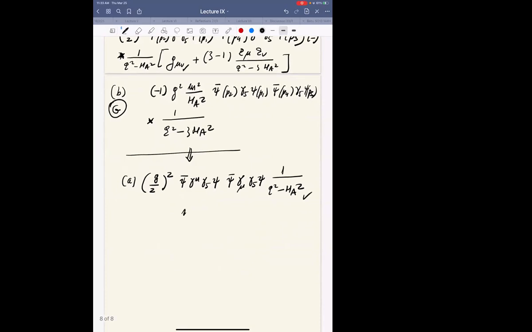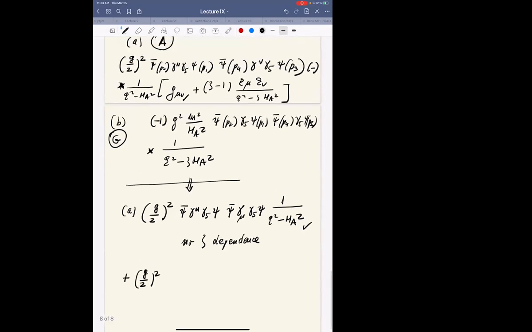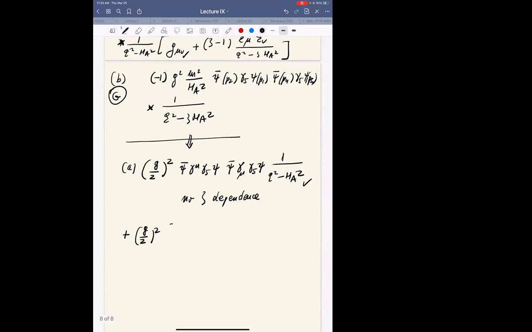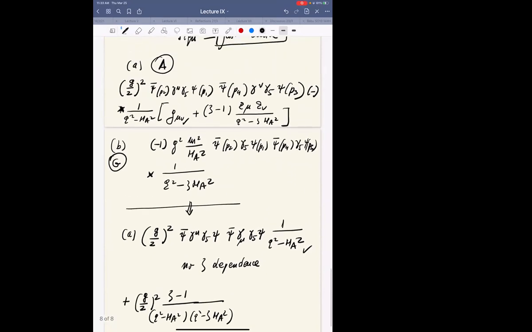Let's be clear, no psi dependence. Plus, there is a second piece, (g over 2) squared. Now I better keep the piece proportional to psi minus 1, over q squared minus M_A squared and q squared minus psi M_A squared. The second piece. Am I right? Yes.